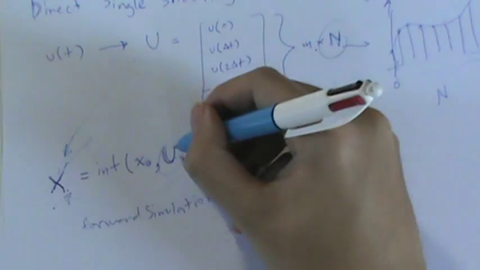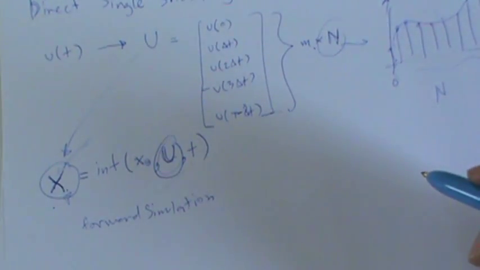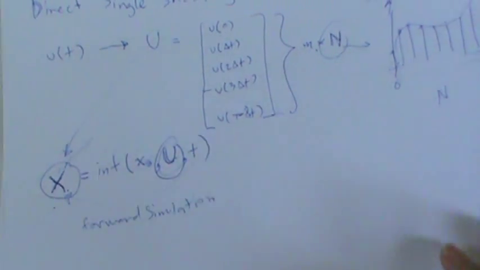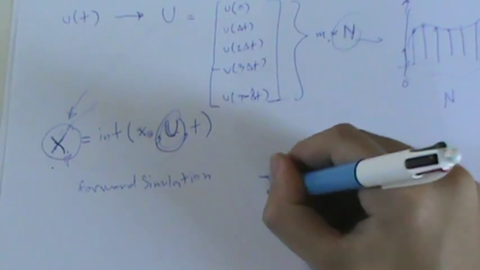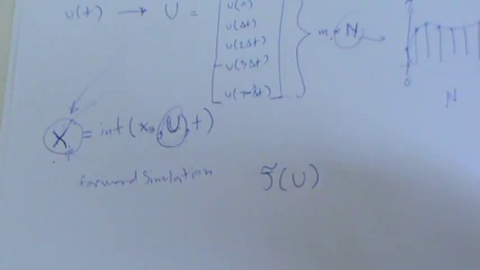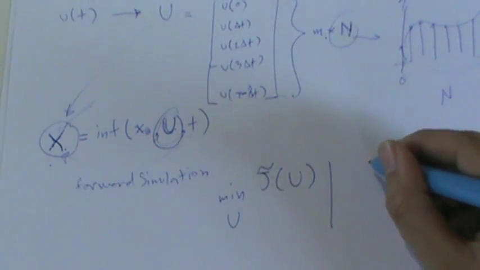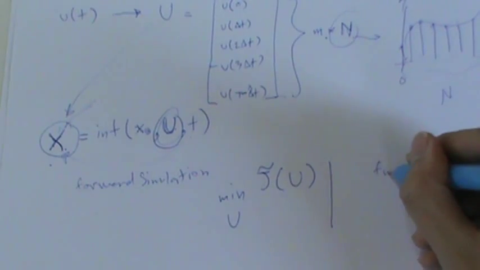Now that you have U and capital X, you can plug them back, and the problem J will depend on capital U. I'll use a tilde because it's the discretized one, and all you have to do is minimize over U. Very simple. You can use a function like fmincon, which is what I use, or write your own.